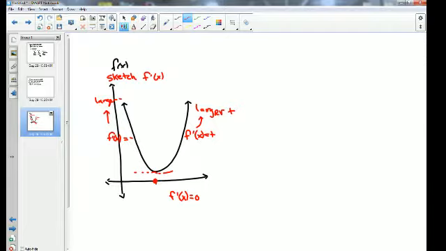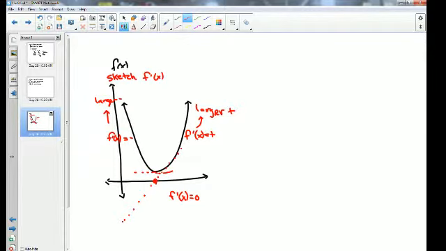So get the idea of slope, just looking at that graph. If we have a slope of 0 here, and my slopes are negative down here, the values are getting more and more negative, and the values on this side are getting larger positives.